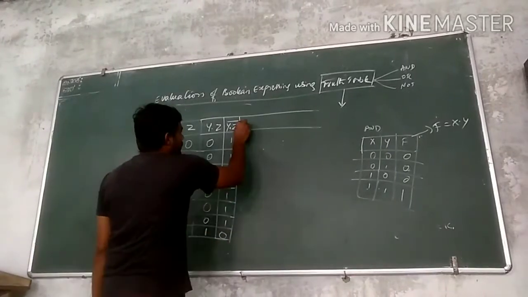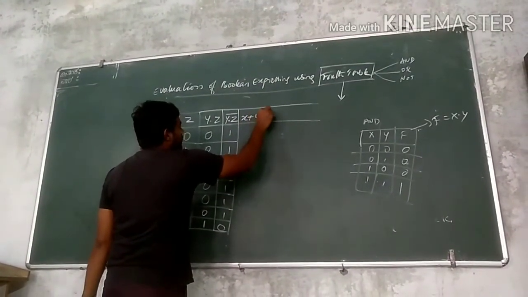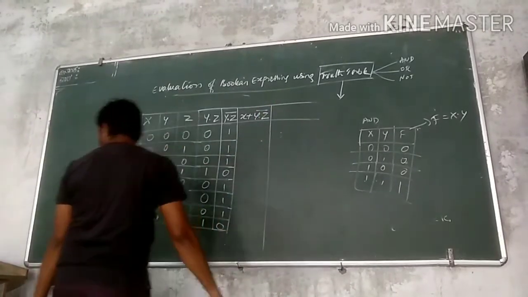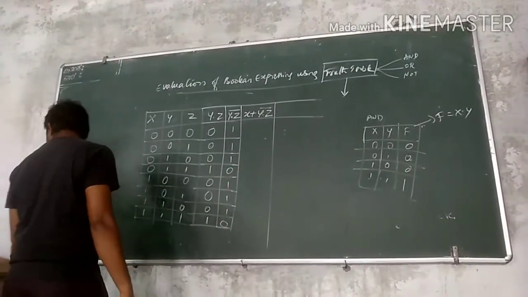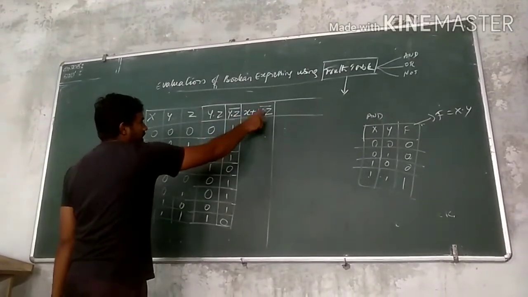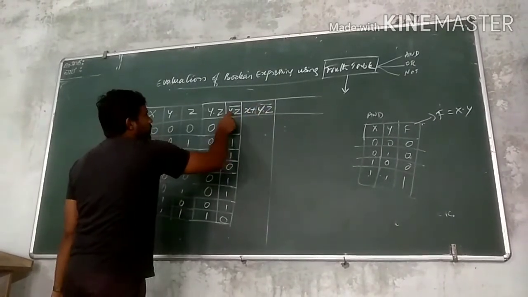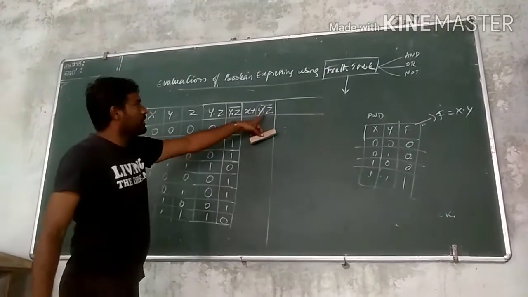And let us go for the next one, that is x dot z complement. So here is x dot z complement. So x plus y dot z. We have already calculated this value, that is y dot z here, so we know the value of this one.